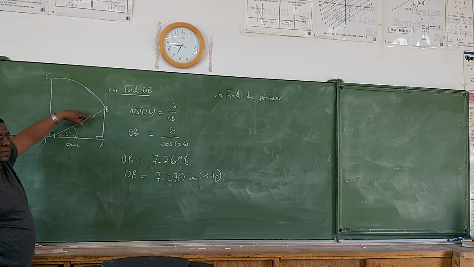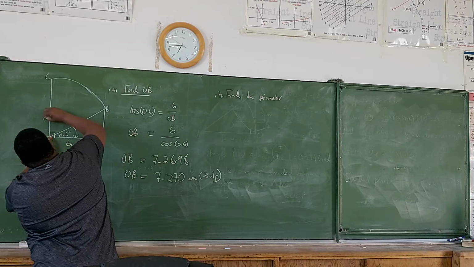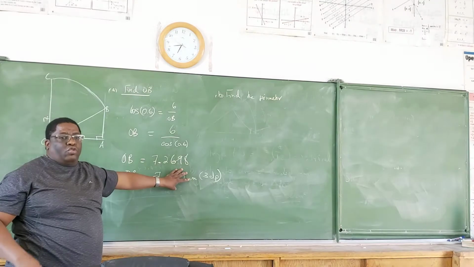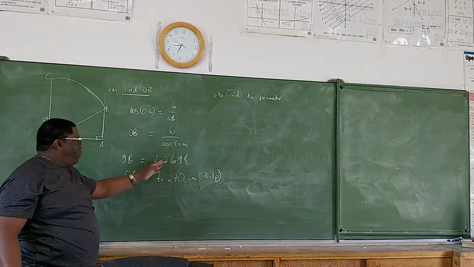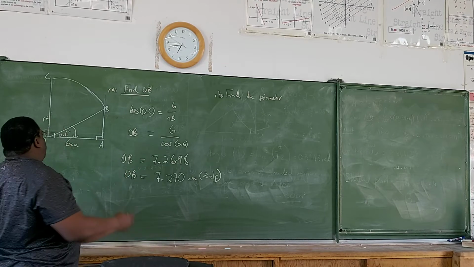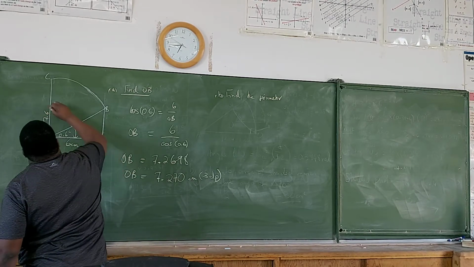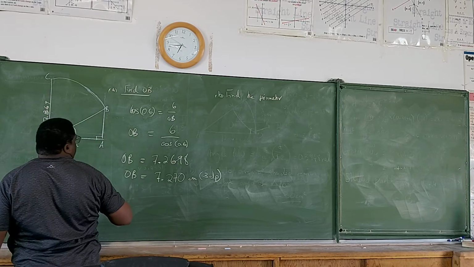You understand that? Right, so whatever we got here, this answer of 7 point something, that's why they ask you for this answer at least to 3 decimal places, so that you don't round. So I'm going to leave it as 7.2698.